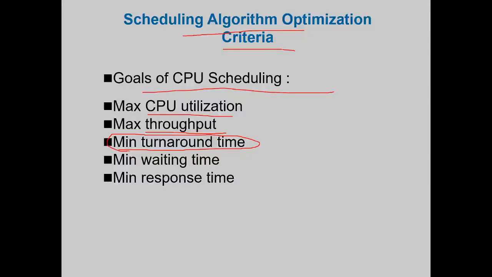There should also be minimum waiting time; a process should not be allowed to wait for long. The response has to be given fast to the waiting processes, so minimum response time, meaning the first response to that process should also be minimum. These are the goals of the CPU scheduling algorithms, and based on these goals they work.